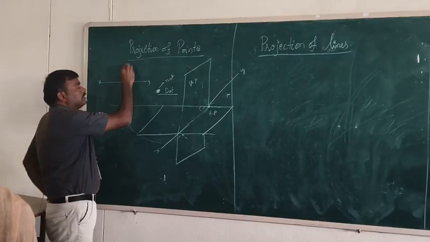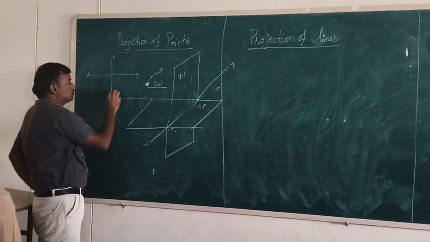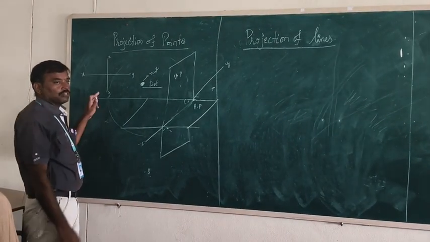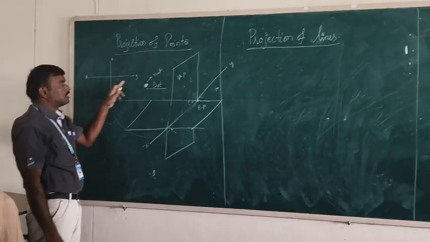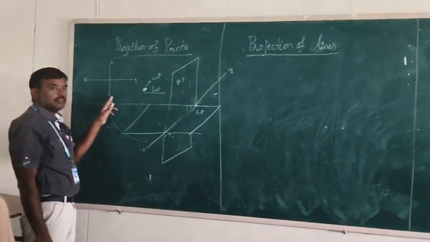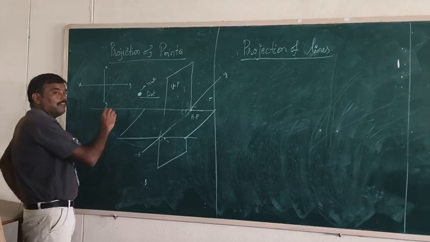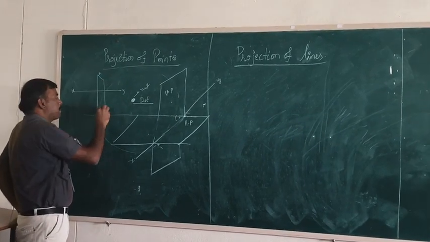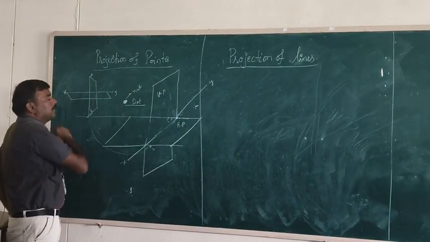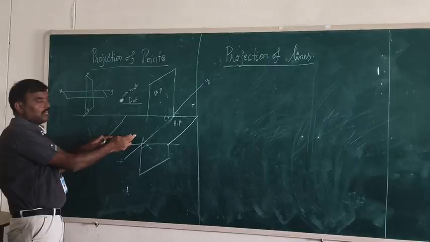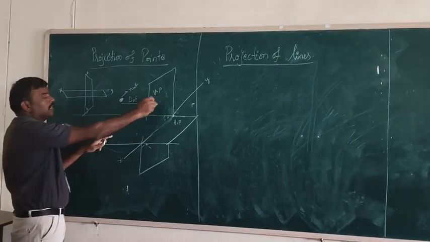X1. And what is this? X dash. Only two directions. So for the XY reference line, horizontal line, XY reference line, vertical line. So these are all planes like this. Already I drew the horizontal plane and vertical plane.